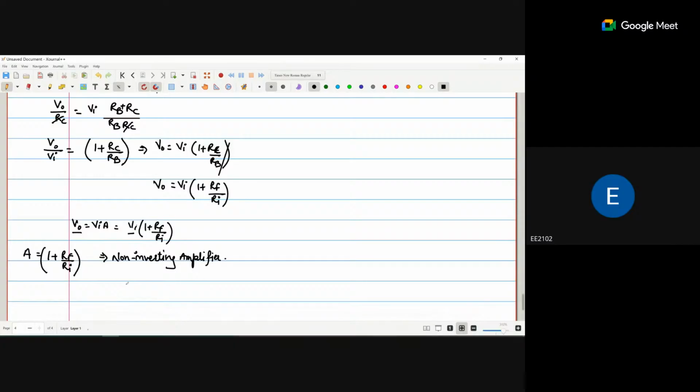You know that 1 plus RF by R1 is always positive, because the resistance value is always positive, and 1 is always positive. So if we apply a positive input voltage, we get a positive output. That's why we call it a non-inverting amplifier. There is no inversion between input and output.